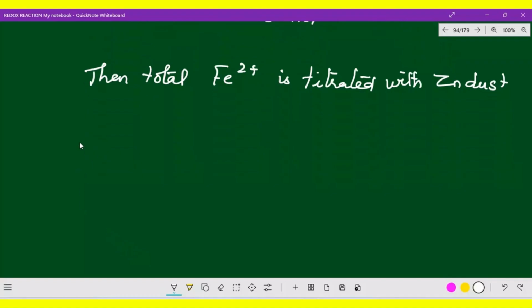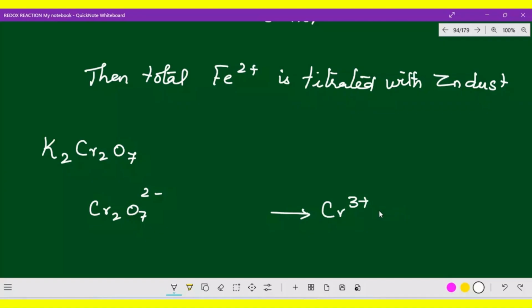Now we have to identify the valency factor of K2Cr2O7. Cr2O7 2-, in the same way in acidic medium, gives Cr3+, plus how many oxygens? That many water molecules, 7H2O. How many hydrogens? That many H+ ions, so 14H+ ions.